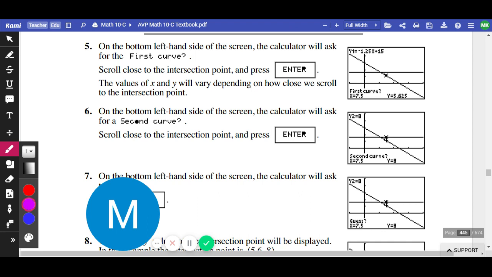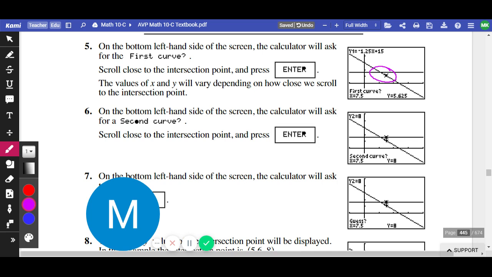What you want to do, using your left and right arrows only, don't use your up and down arrows, you're going to move that cursor so it's somewhere close to the intersection. If it's already right here, that's close enough. But you need to just be somewhere in this area using your left and right arrows. Once you're close enough, somewhere in that area, hit enter.